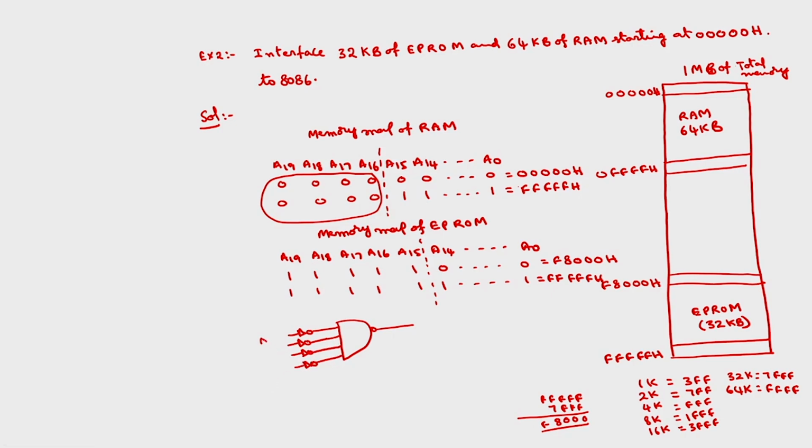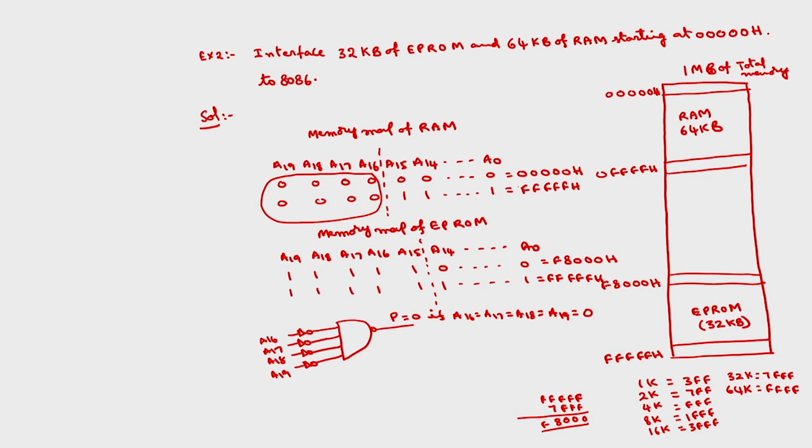You give the inputs as A16, A17, A18, A19, and you call this output as some P. So, P is equal to 0 if A16 is equal to A17 is equal to A18 is equal to A19 is equal to 0. Otherwise, P is equal to 1. If any one of these A16 to A19 is 1, output will be 1.